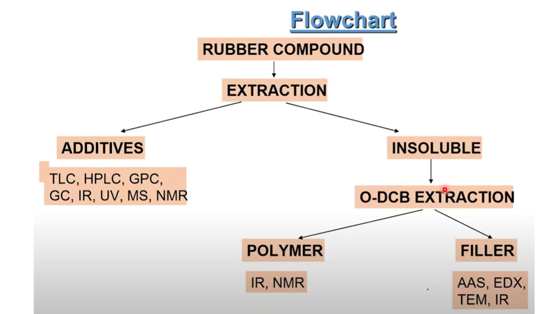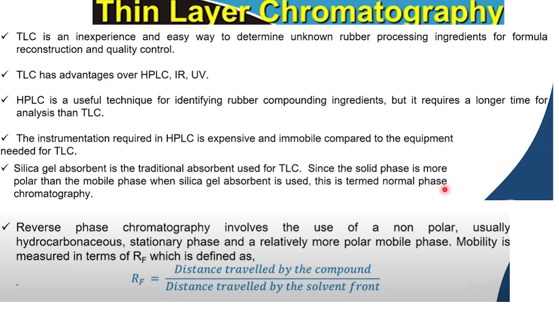For the polymer, you go for IR or NMR. For the filler, to know the size, shape etc., you go for EDAX, TEM, or atomic absorption spectroscopy. These are the different chromatography techniques, TLC, HPLC etc., which help to separate out the mixture of additives.